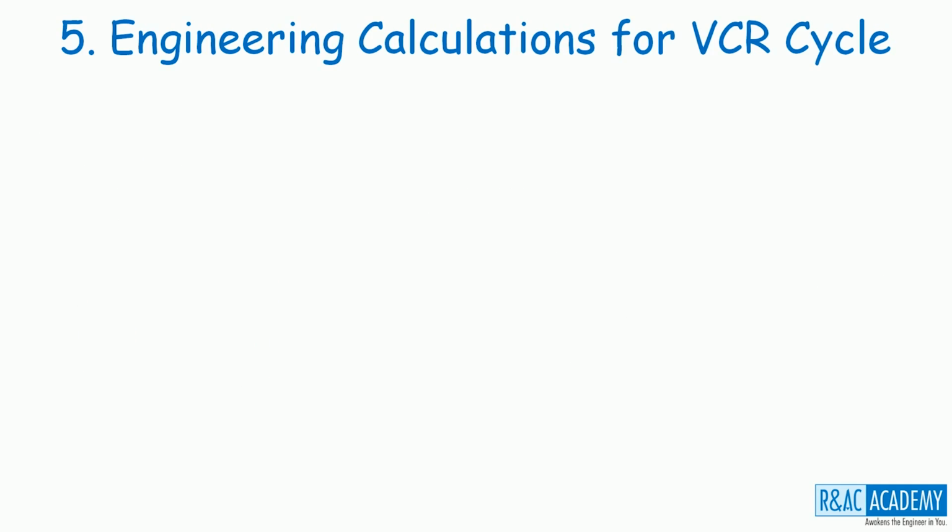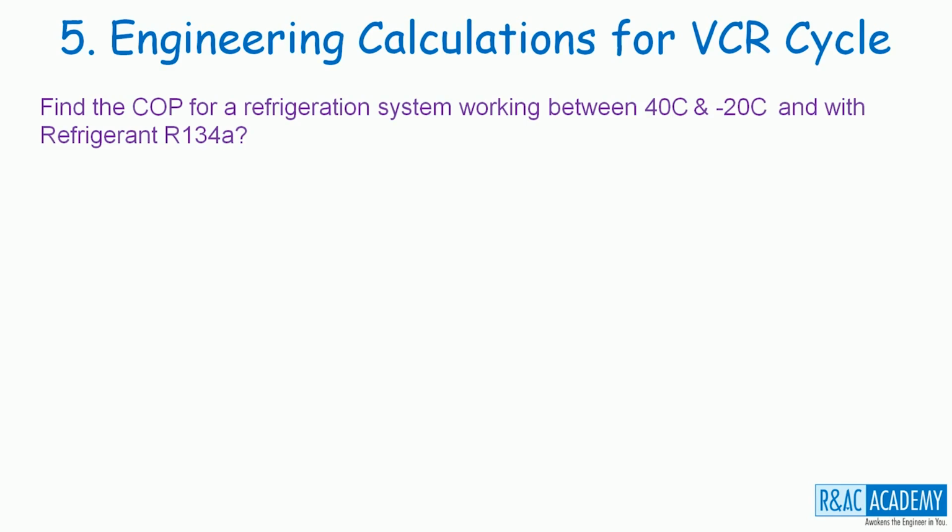So far we discussed with expressions and it could carry some abstractness in it. Let us eliminate that abstractness by putting some numbers into the process. Let us consider an R134a refrigeration system working between 40 C and minus 20 C, and we need to find the COP for that.